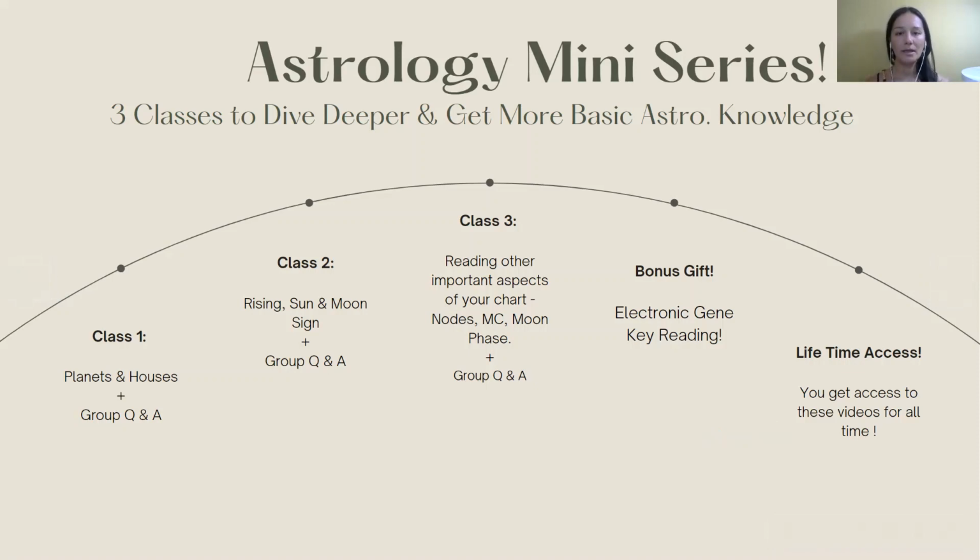And they'll all be in a portal that you'll get your own password to, and you'll have access forever to learn and to share more about your knowledge of astrology. So I'll be emailing you more about that, and just wanted to plant that seed that we're going to start this in a couple weeks.